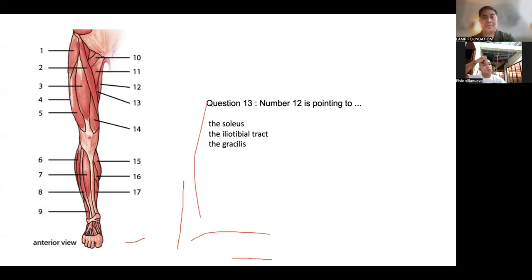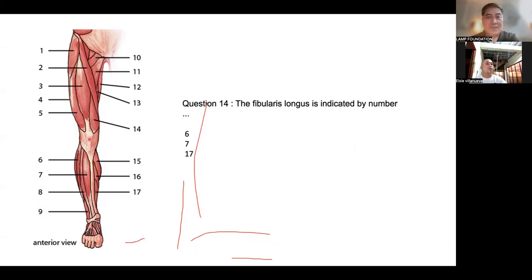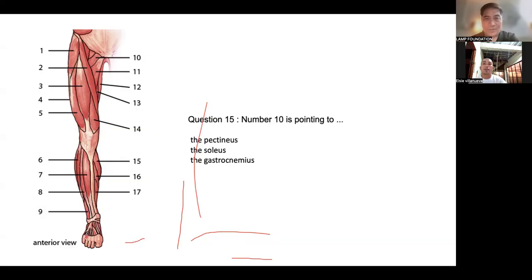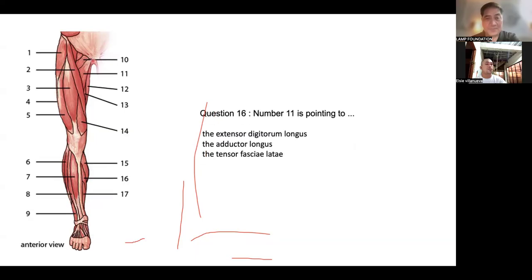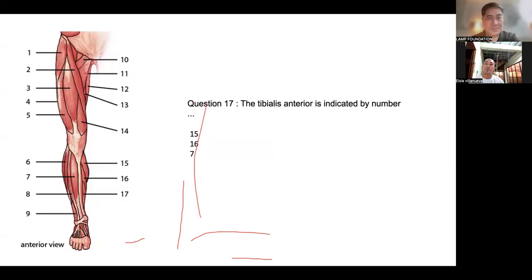Fibularis longus is what number? Number 6. Kaya alam mo na fibularis longus, fibularis tertius. Number 10 is pectineus. Number 11 is adductor longus.